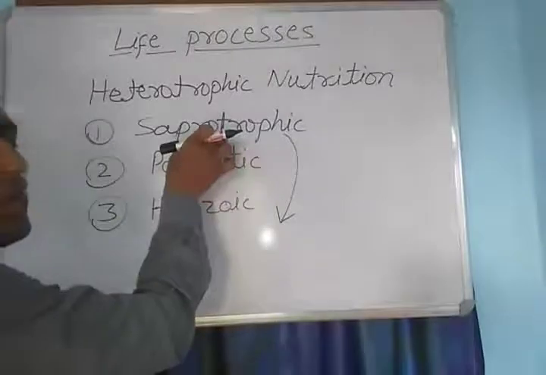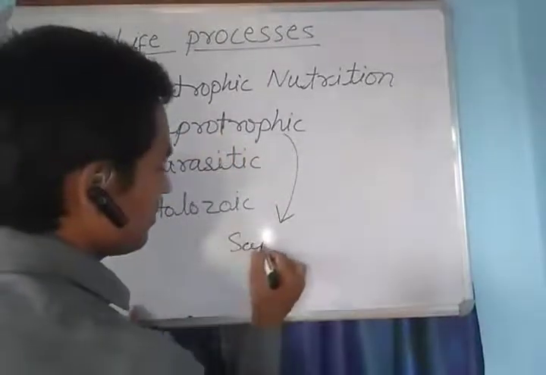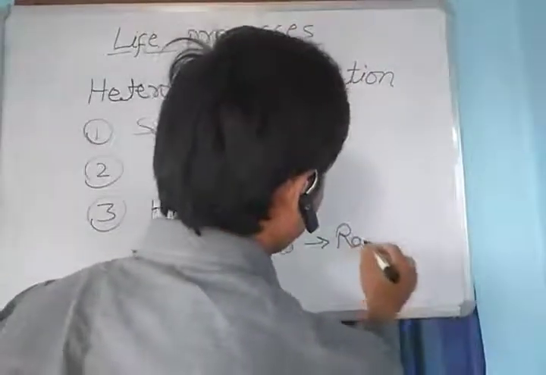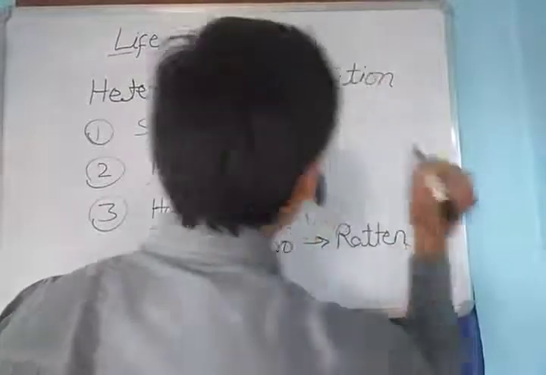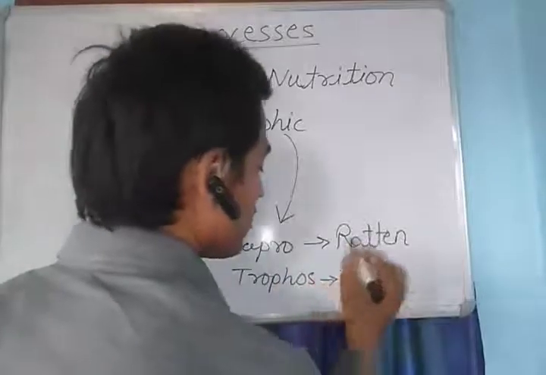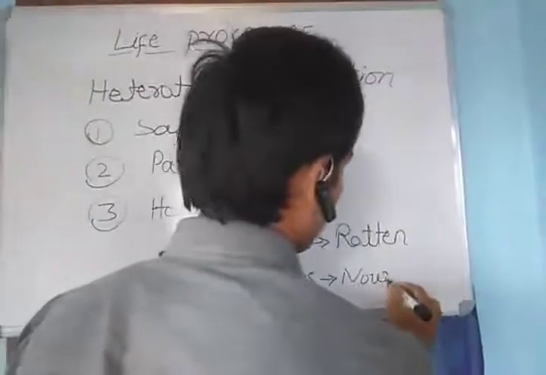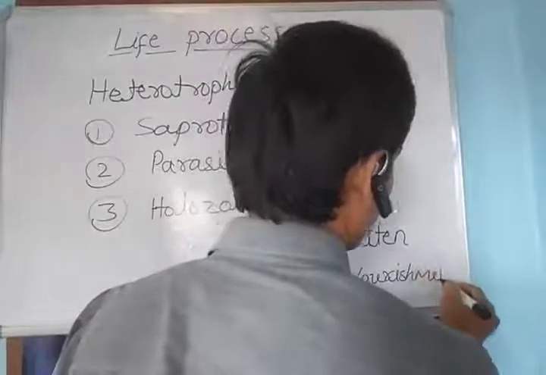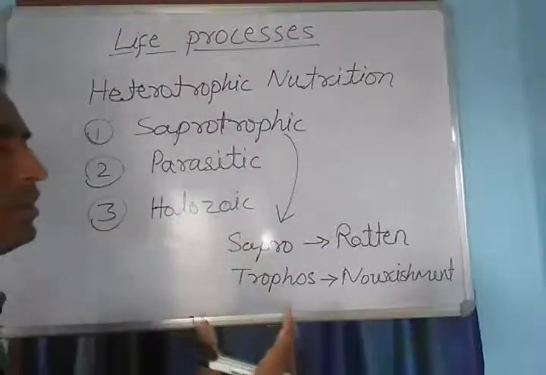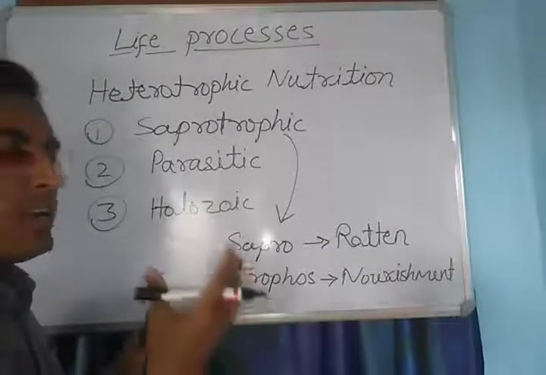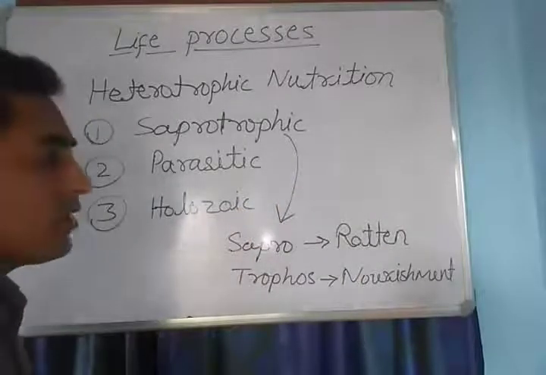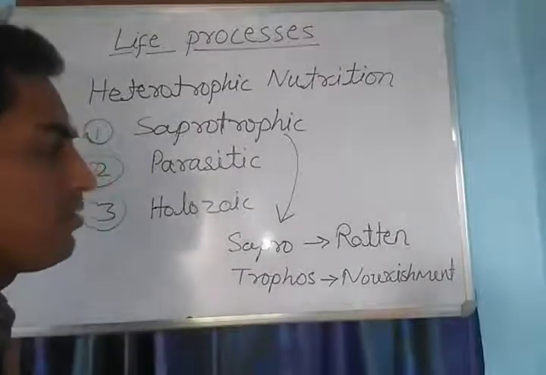It is also made by two words. The first one is sapro, meaning rotting, and trophos or trophic means nourishment. So, saprotrophic mode of nutrition is the mode in which organisms depend on dead and decaying organic matter, like excreta and fallen leaves.